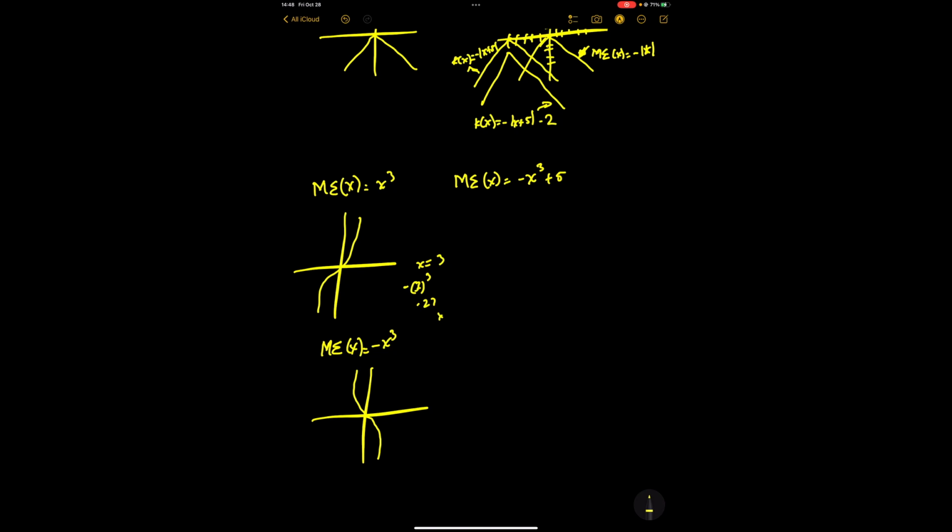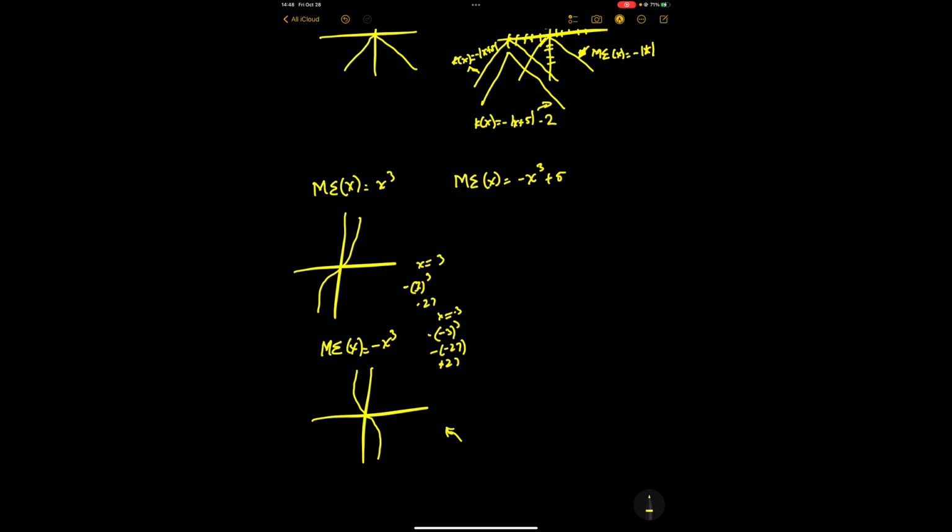But if x equals negative 3, then you're going to have negative 3 cubed, which is negative times negative 27, and equals positive 27. So whenever x is positive, y is going to be negative. When x is negative, y is going to be positive. And that is what we're going to see right here. So this is why this graph looks like this.